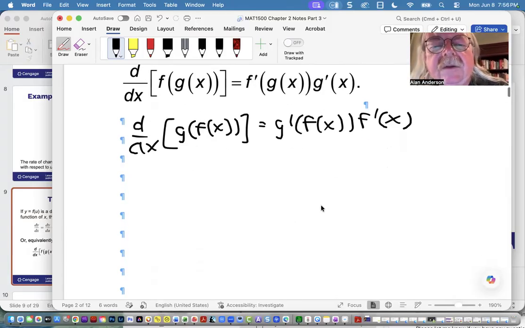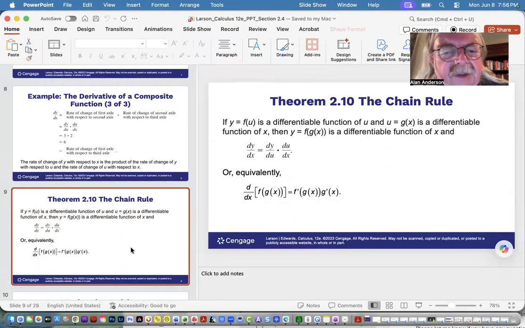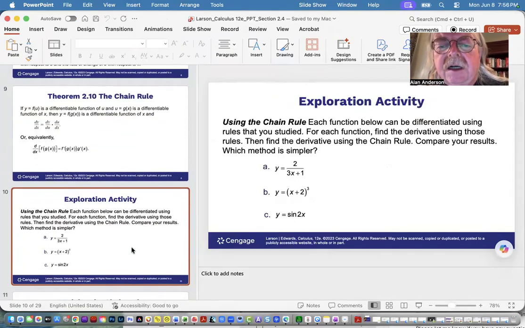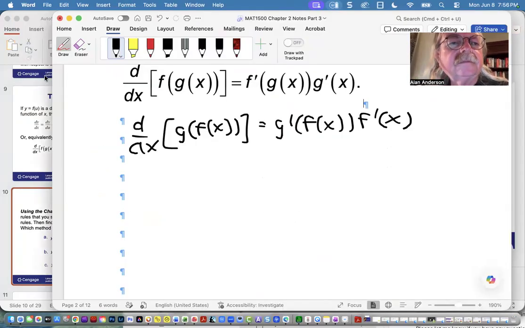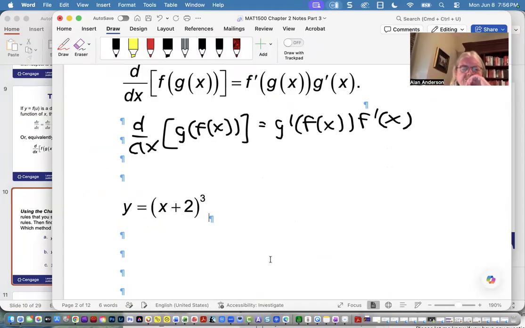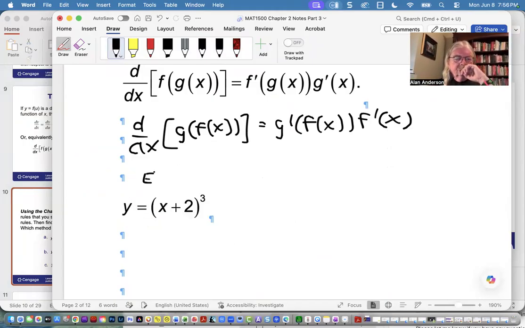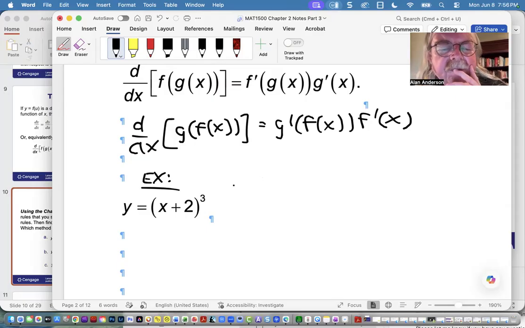Okay, now what they would like us to do, I think they've got an example here for us to work on. Let's keep it simple. Let's use this one. Okay, now we know how to do this, but here's the trick to the whole thing.